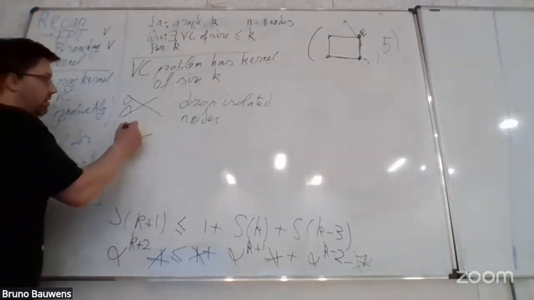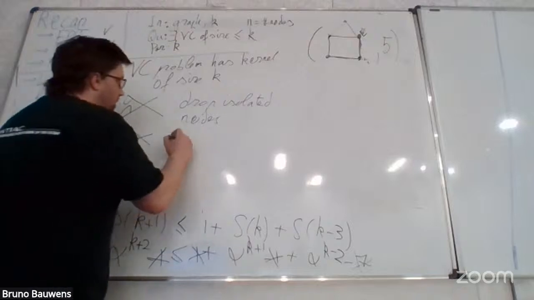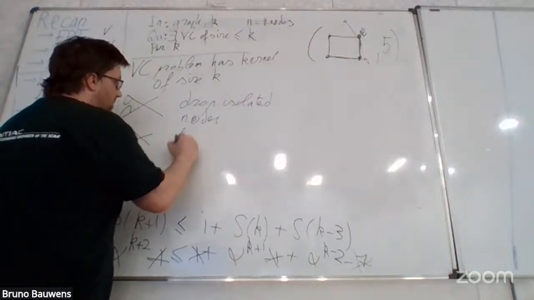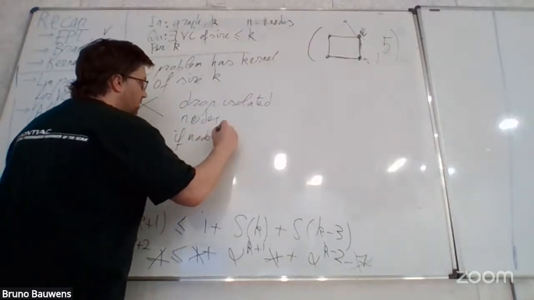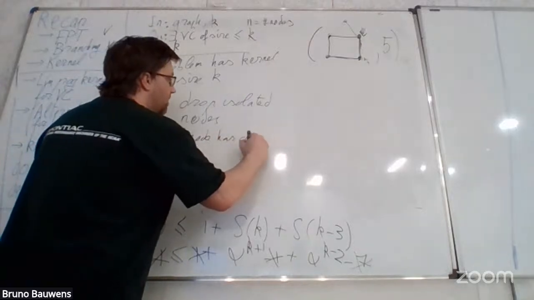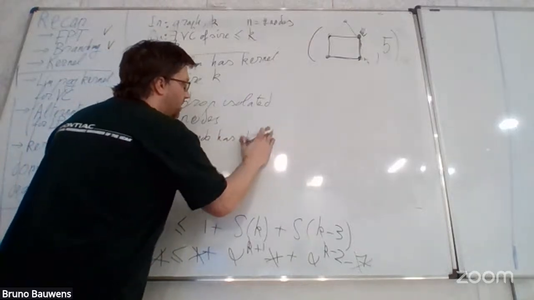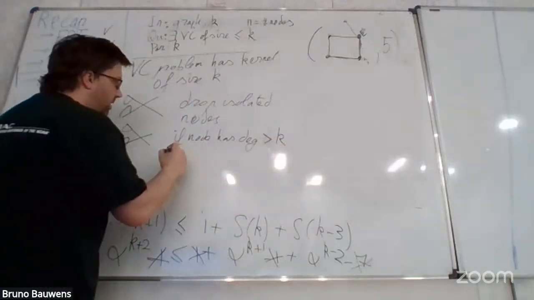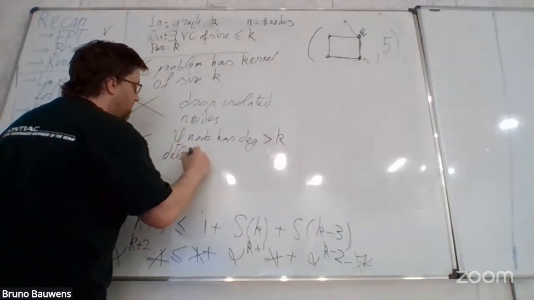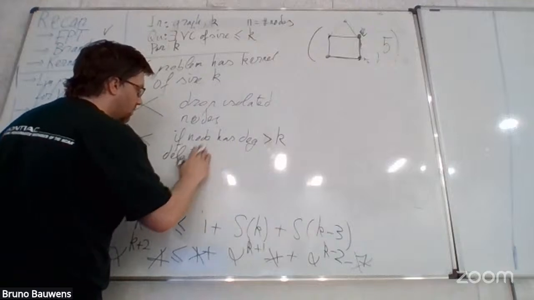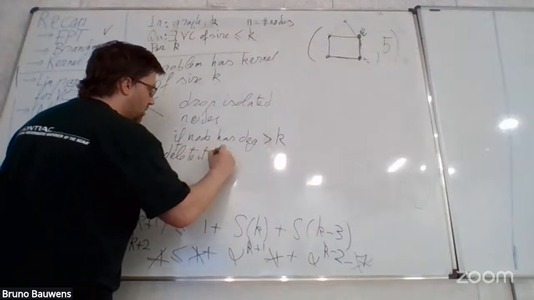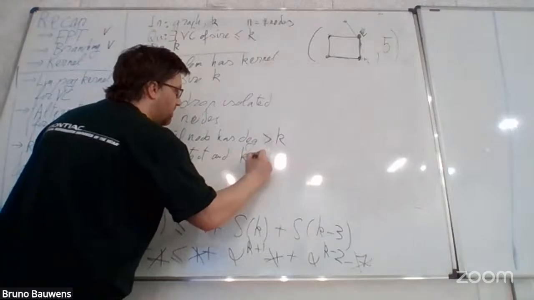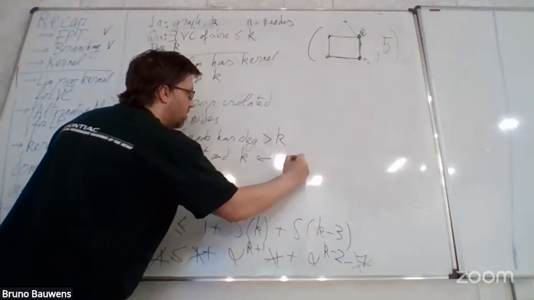So second step, if a node has degree more than k, strictly more than k, then delete it and we replace k by k minus 1.